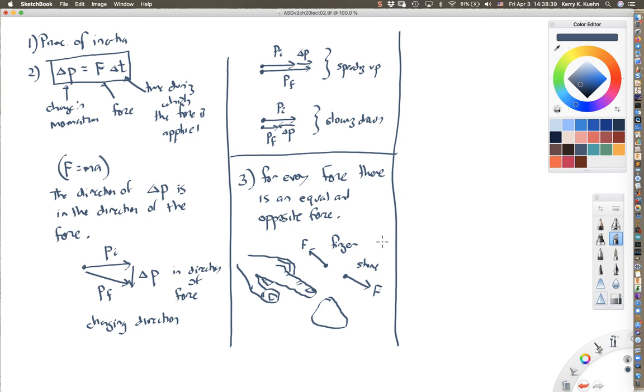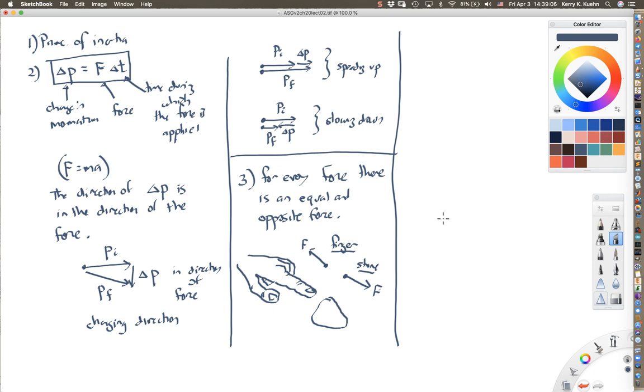Okay, this doesn't just apply to fingers and stones. This applies to any two objects that are interacting. You need two interacting objects. In this case, the objects are your finger and the stone. But you might think of, if you push on your brother with a certain force, your brother is going to push back on you. If you have a rope and you're pulling on the wall, the rope is pulling on the wall and the wall is pulling on the rope.